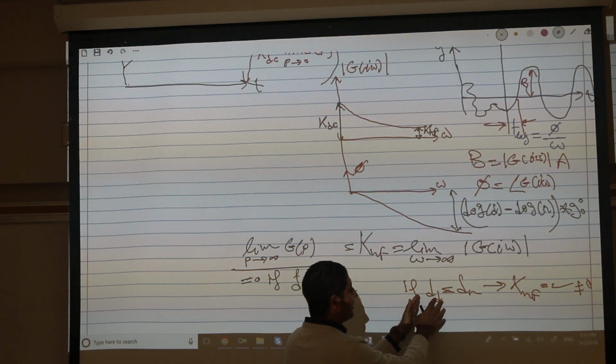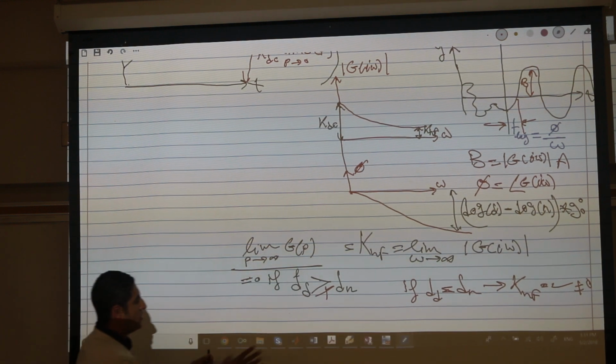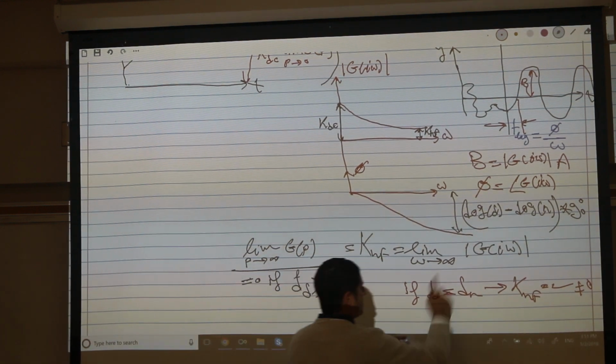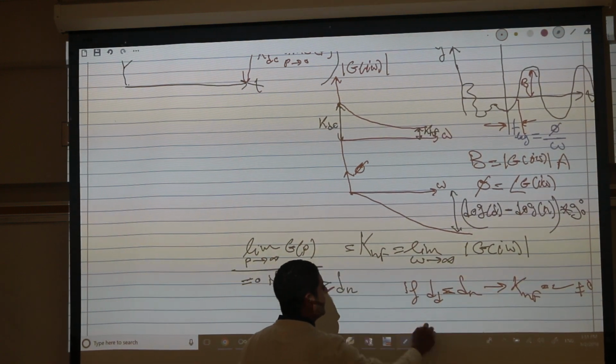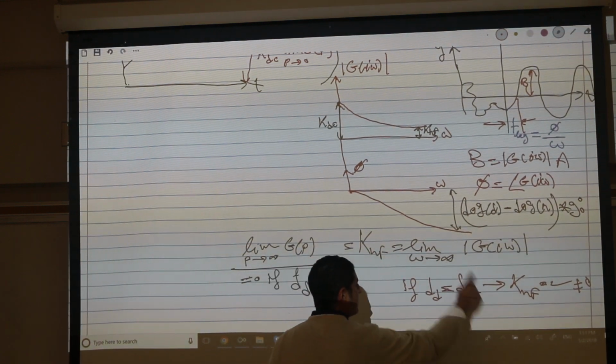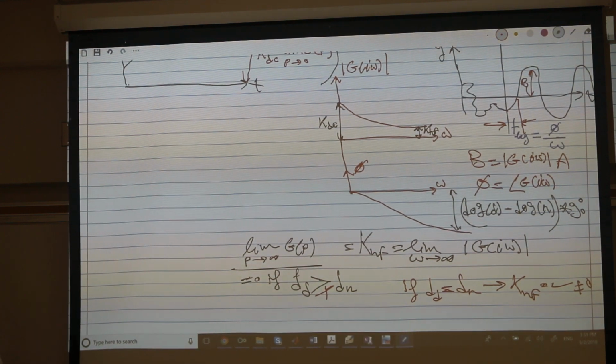Can the degree of the denominator be less than the degree of the numerator? So these are two possibilities. The remaining possibility is that the degree of the denominator is less than the degree of the numerator of the transfer function. Can this happen or not? It cannot happen because of causality.